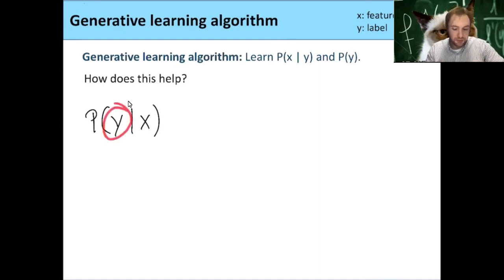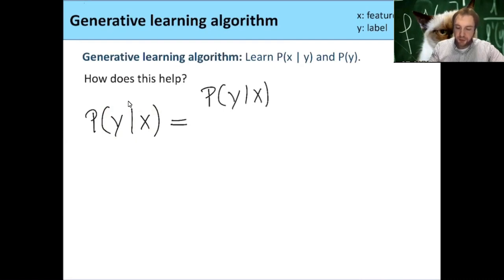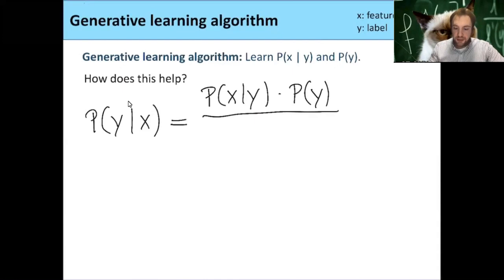For example, the probability of passing, assuming a given input of ours. And so therefore, this will be given by Bayes rule by this probability, which we will learn, P(x|y), times the probability of y, which we will also learn, divided by P(x).